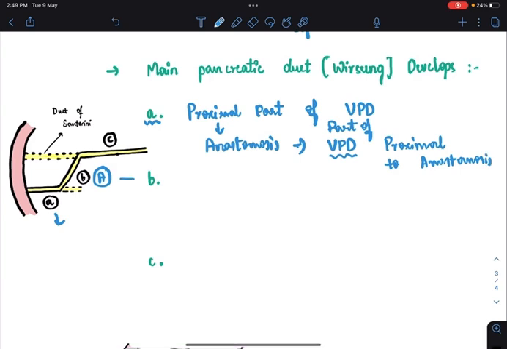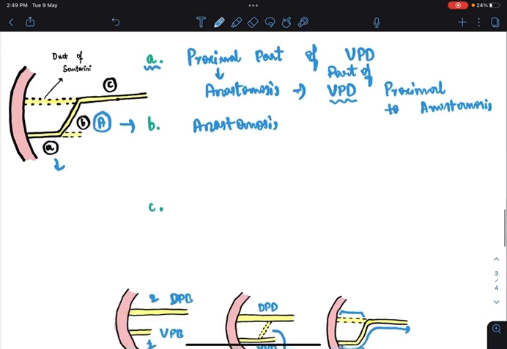And B is the reference, the anastomosis, the communication. And C is what? This is the part of the dorsal pancreatic duct, right? What is this position, what is this part called?